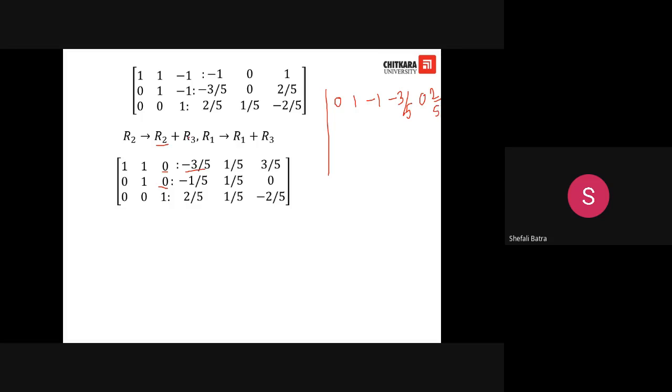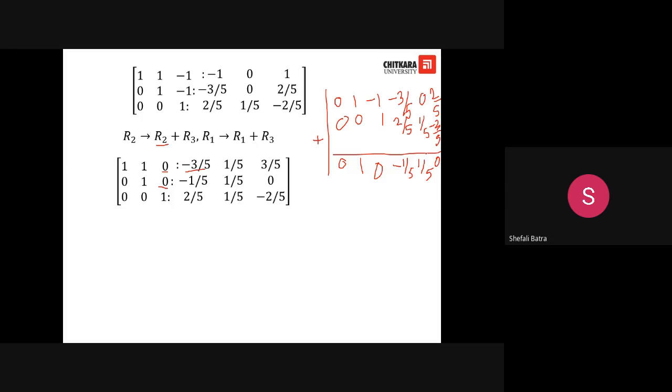And then R3: 0, 0, 1, 2 by 5, 1 by 5, and minus 2 by 5. Now add up. So this would be 0, then 1, then 0, then minus 1 by 5, then plus 1 by 5, and then 0.